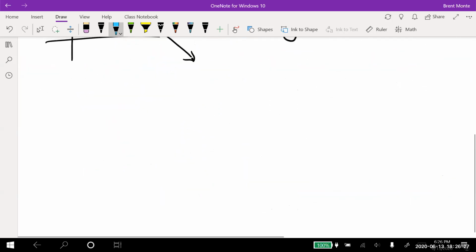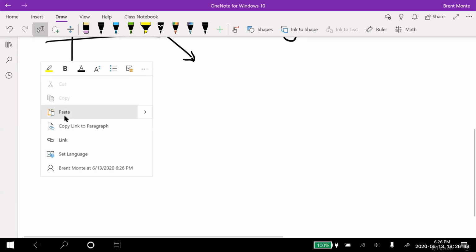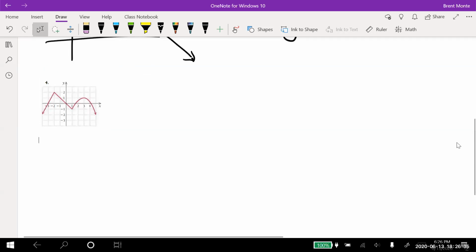All right, so let's take those ideas and let's look at this graph that I copied down from the problem set. It's problem 4, as you can see. There's a couple things I want to point out here. First of all, we can see when the graph's going up or down. This graph starts to go up and then it starts to come down.